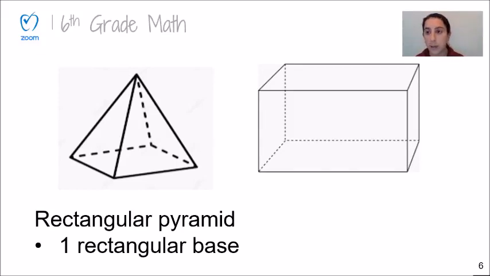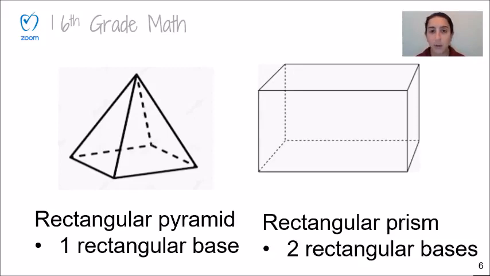The shape on the right we're very familiar with is a rectangular prism because it has two rectangular bases. The names sound very similar, but they are very different. So remember, when you only see one base, that is a pyramid. When you see two parallel bases, that is a prism.